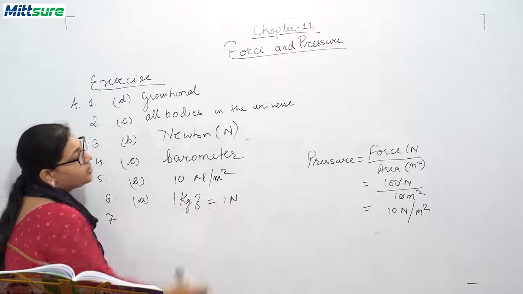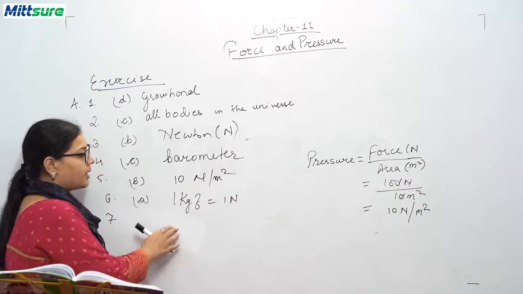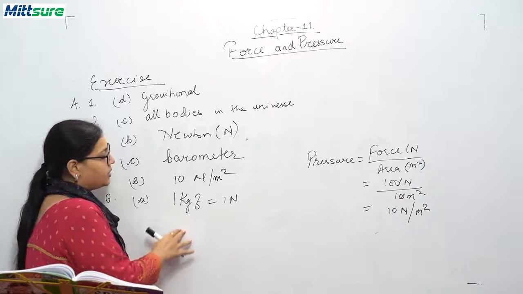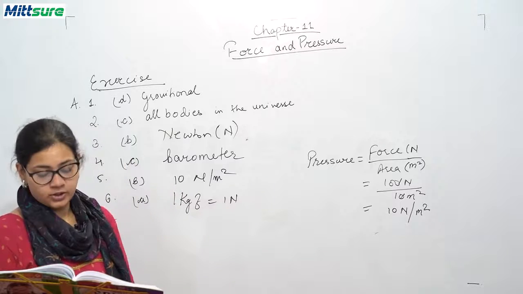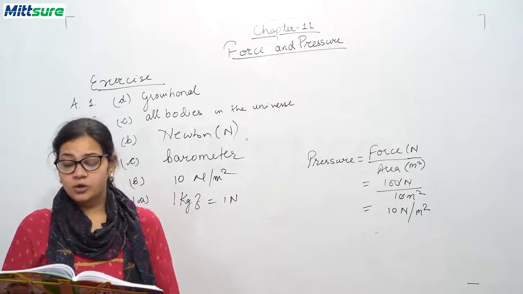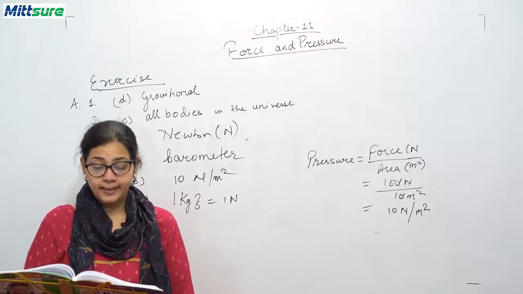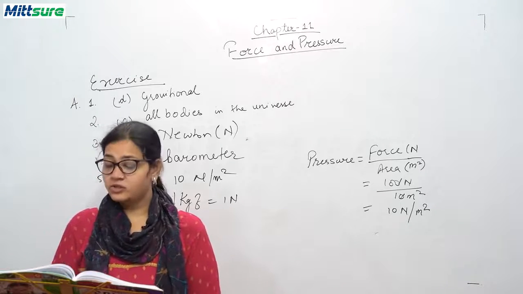Seventh. This is the definition of Newton also. When a force of 1 Newton is applied on a mass of 1 kg or on a weight of 1 kg. Now, seventh, our car skids on a wet road because A, water increases the friction between the road and the tires.